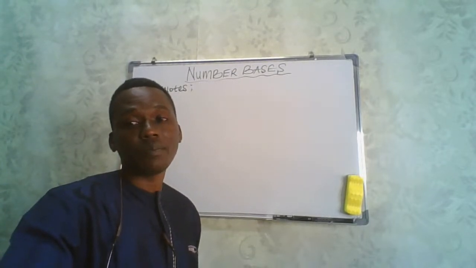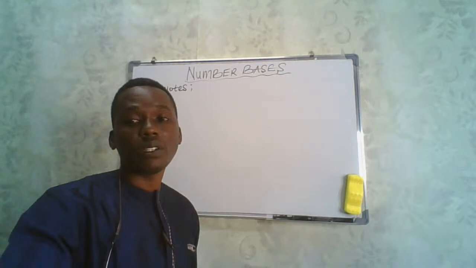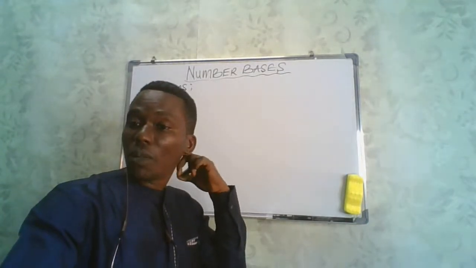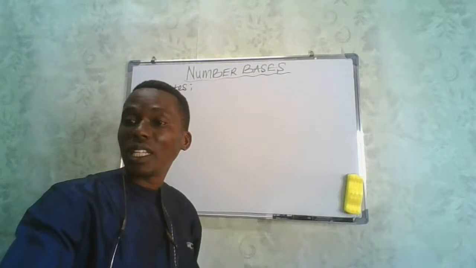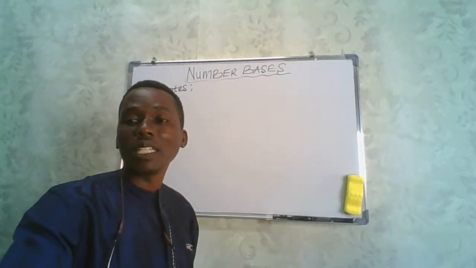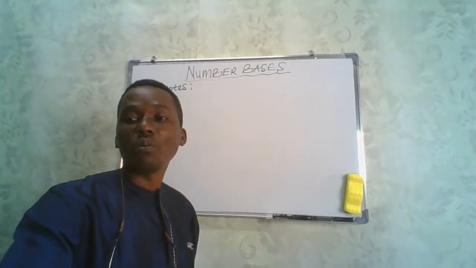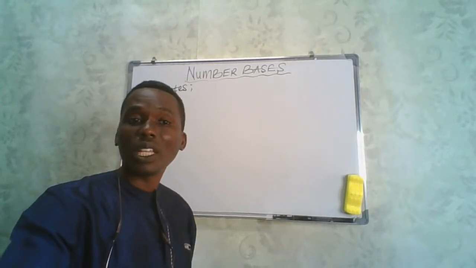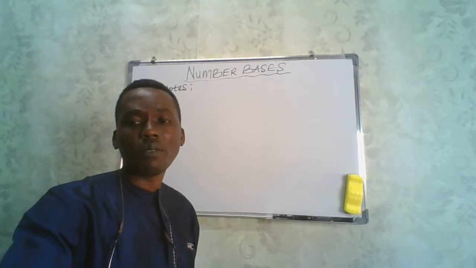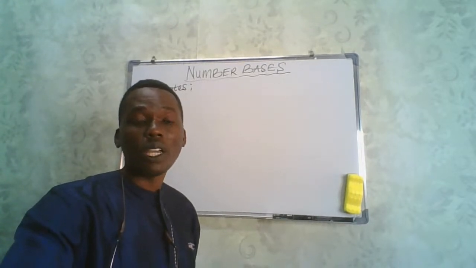But this is so special that when you are doing subtraction in any base other than base 10, you need to bear in mind that there are some exceptions that are required when you do this. And we're going to use a very serious example in doing this.